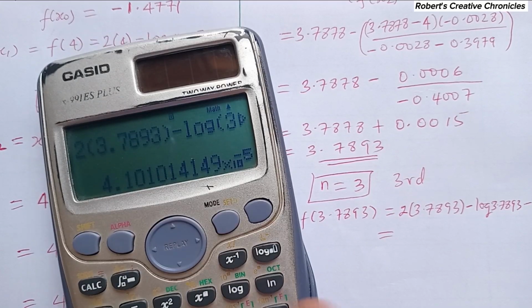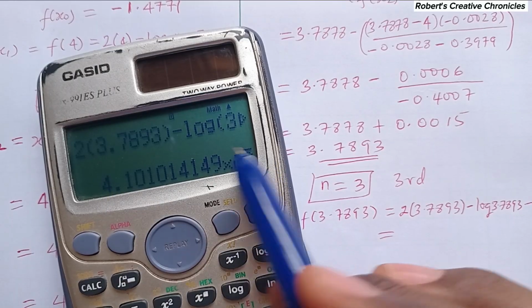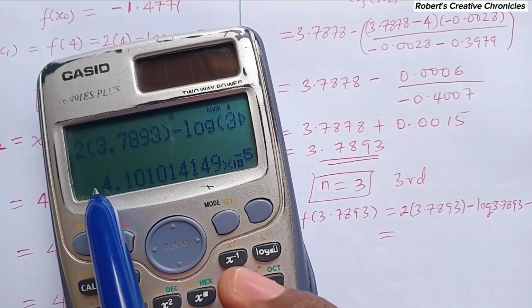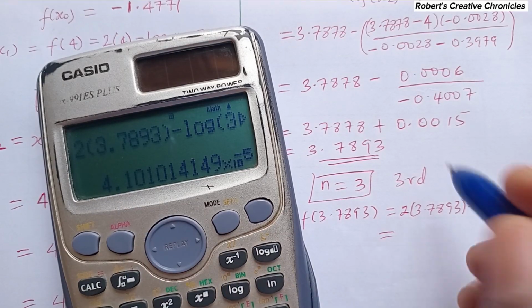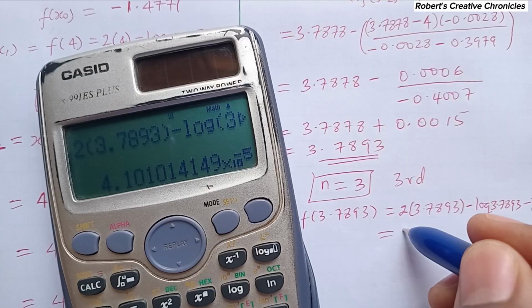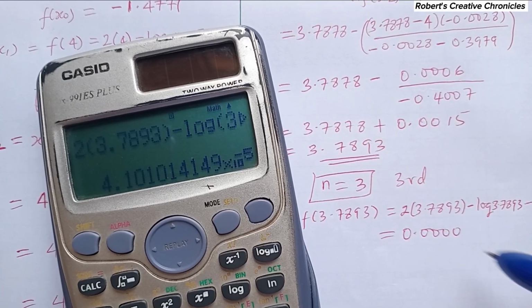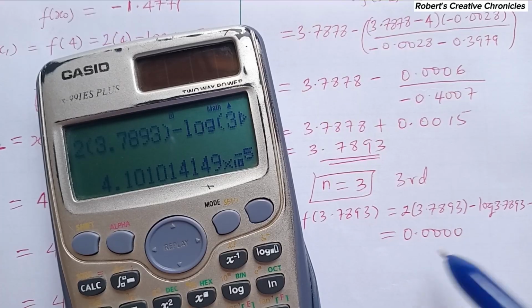You can see that in this one, it will be negative. We'll go back 4 times, so there will be 4 zeros before this 4. And if we approximate it to 4 decimal places, we'll get 0.0004. But we're using 4, so it's 0.